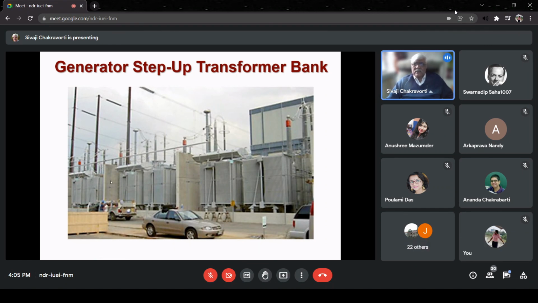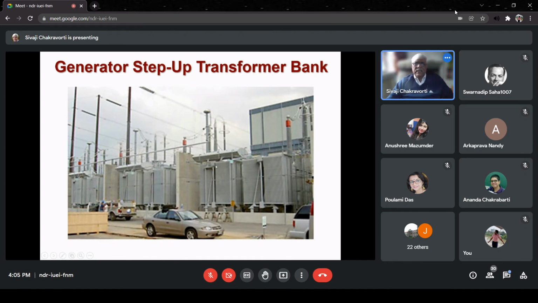So the entire power system remains highly stable and resilient. And you can see that there are concrete blocks between the transformers. Why is it so? Because if there is any sort of fire or any sort of problem in one transformer, that will not immediately affect the other one. So they are strictly partitioned by concrete.